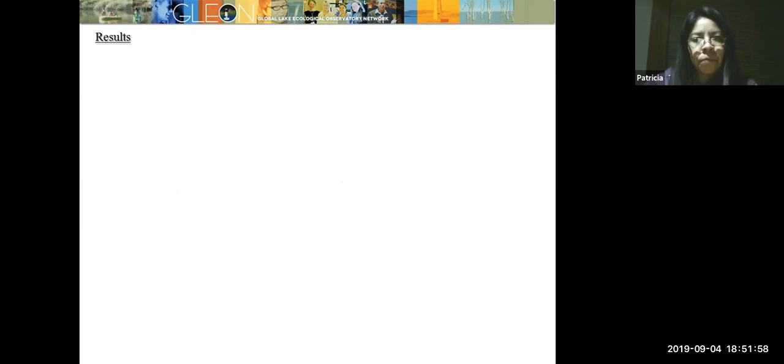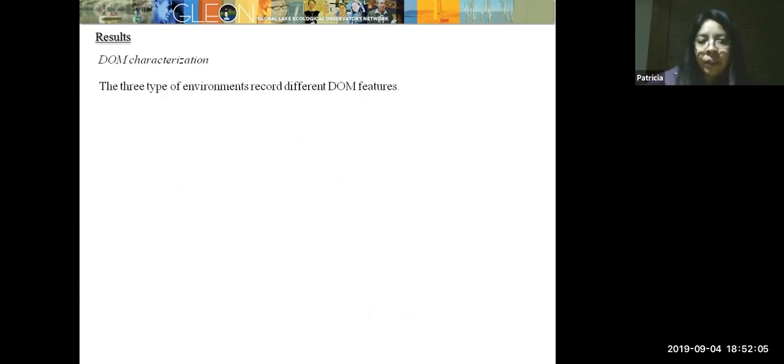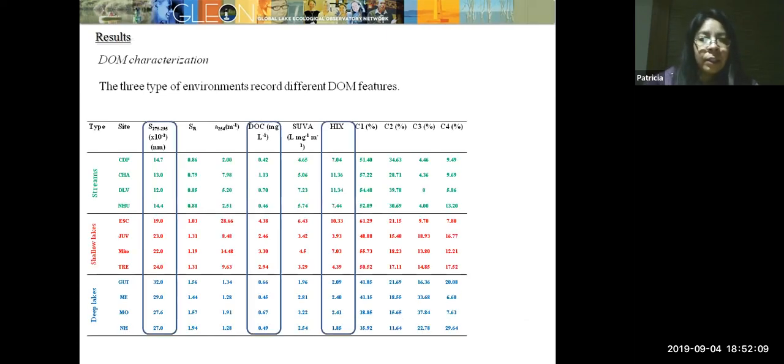Okay, some of the results for the DOM characterization. The 3 types of environment recorded very different DOM features. I'm just going to select some of them because we performed a very deep characterization of the DOM.